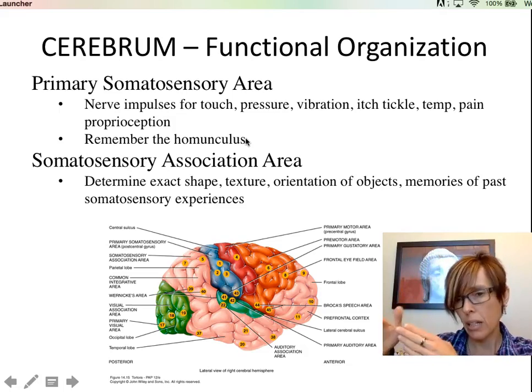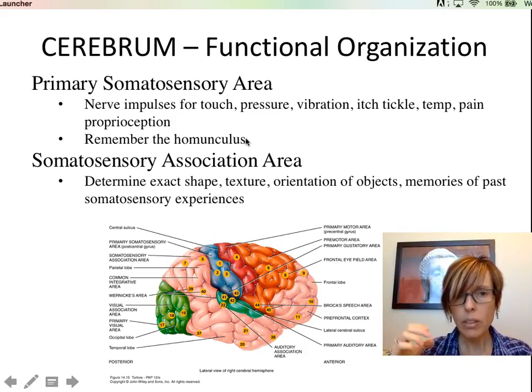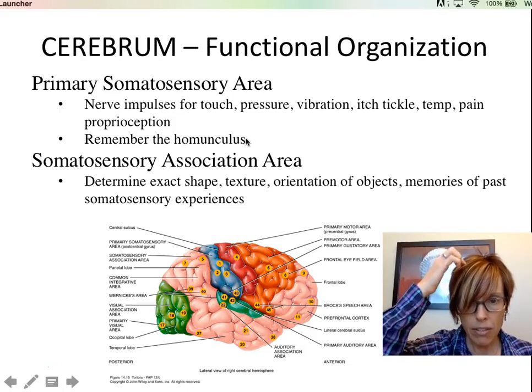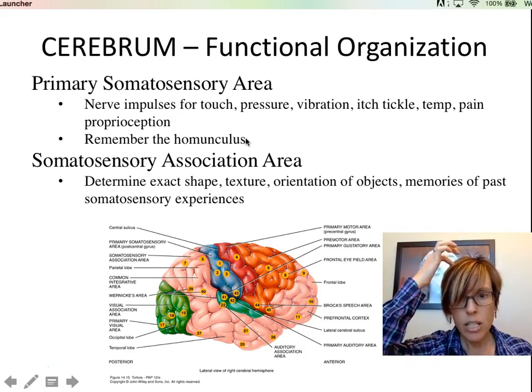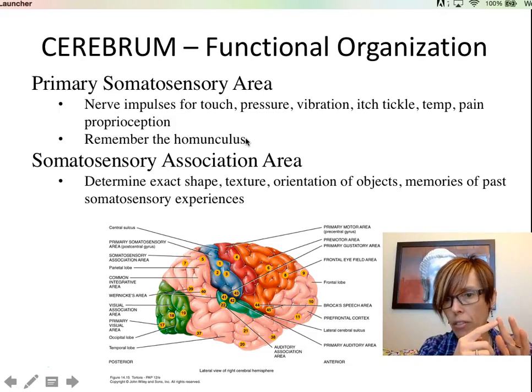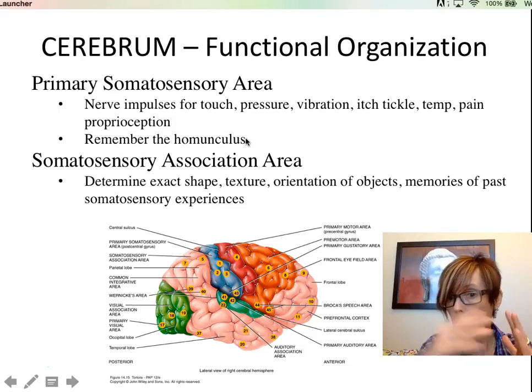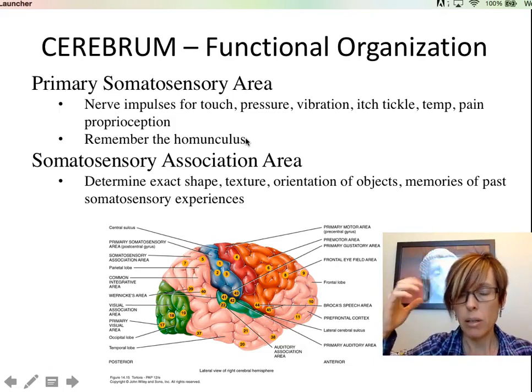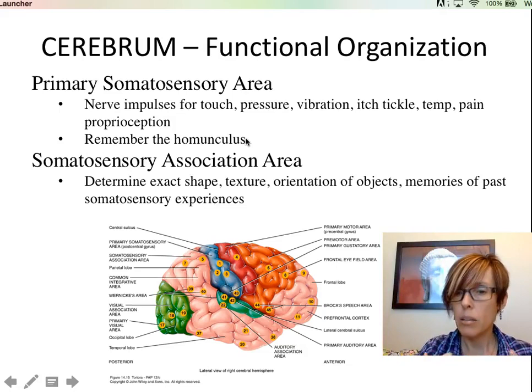So in the somatosensory area, if I touch you in one finger, you'll feel it, and if I move over, you'll feel it in the next one. Just like your body's laid out, it's also laid out like a little man, a little woman, as the case may be, a little individual in the brain. So just hold on to that term. We'll define it a little better in a couple of lectures.